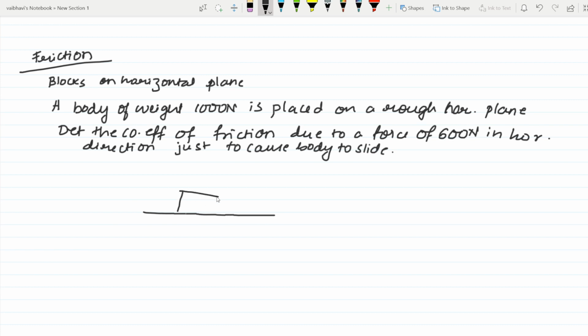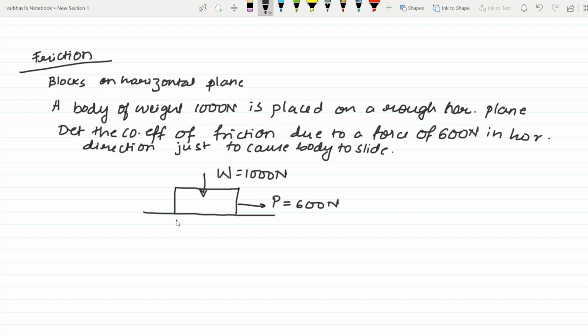There is a block. They have given the weight W is equal to 1000 Newton, and a force of 600 Newton.